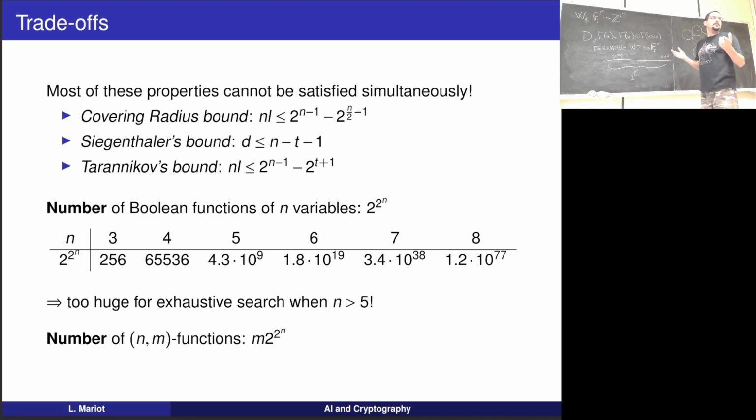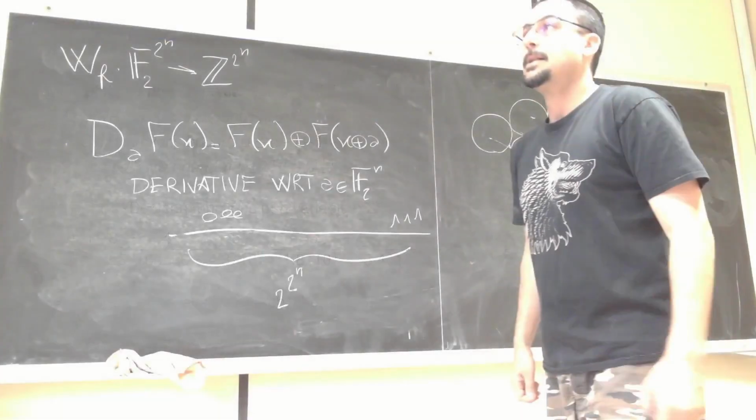And for 8 variables, for example, which is kind of a standard size for Boolean functions, especially when used as coordinate functions in Sboxes, you have something in the same order of magnitude as the number of atoms in the observable universe. So we cannot do exhaustive search. And the case with Sboxes is even worse because we have a vectorization of several Boolean functions.